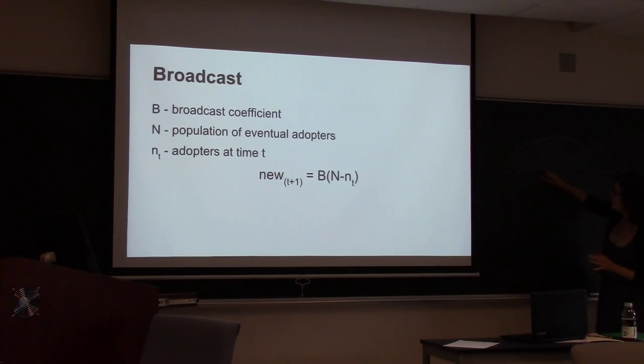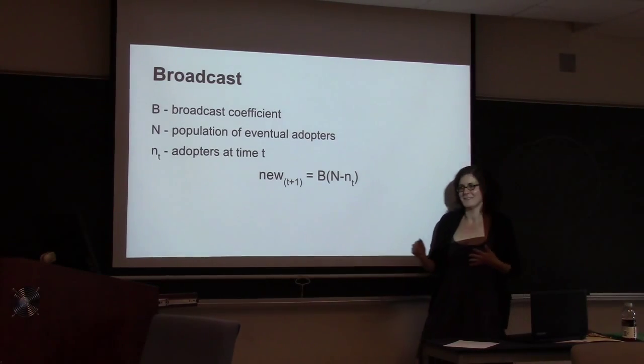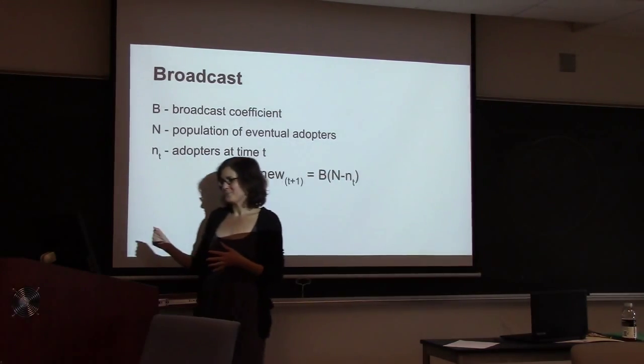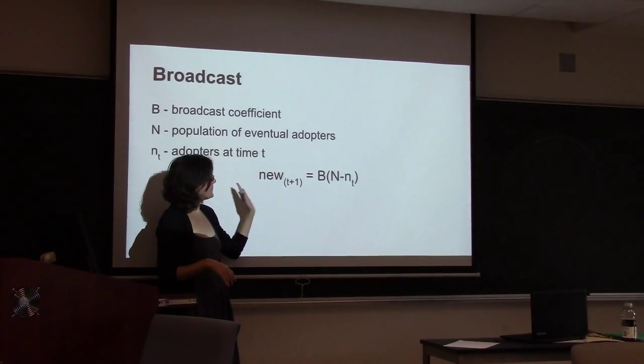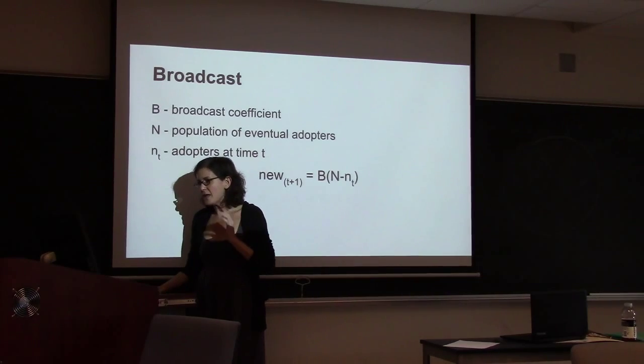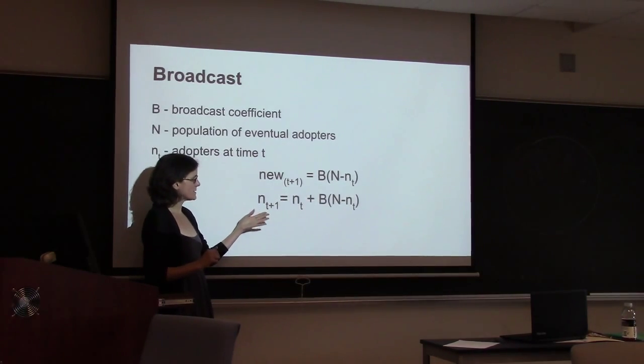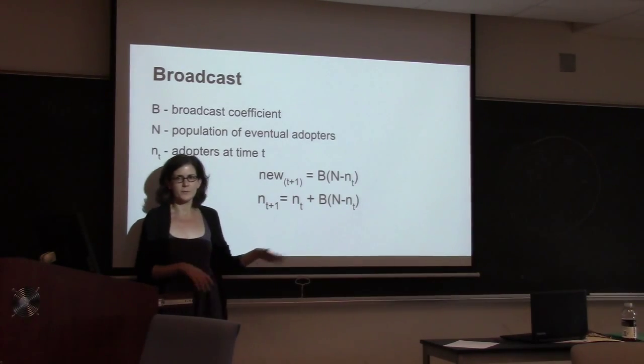So this is our N. It's not all women, it's just those women who we know eventually are going to have that haircut. Sorry, my examples are not as cool as yours. Okay, but this makes sense, right? Cool. And then the number of adopters in the next round is simply new adopters plus old adopters. Great.